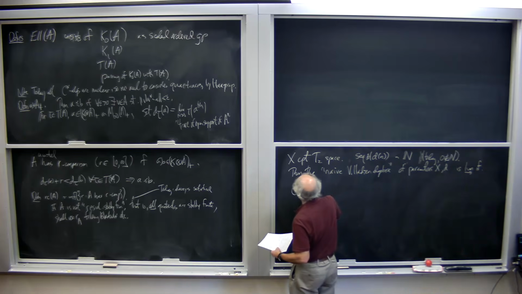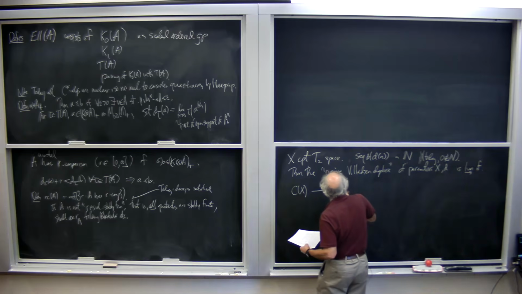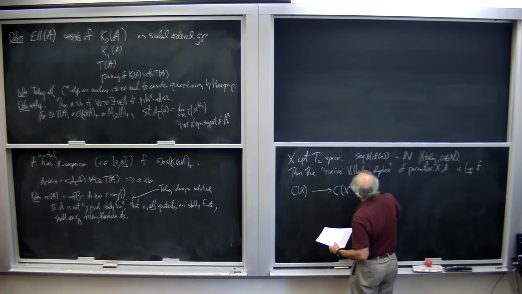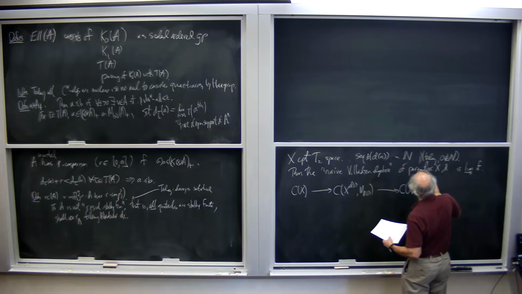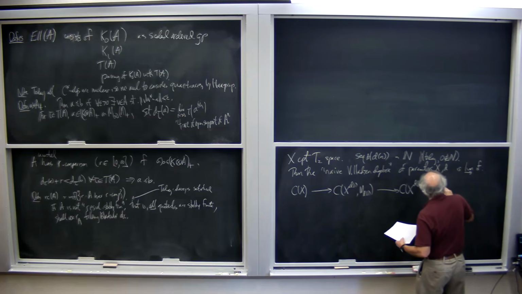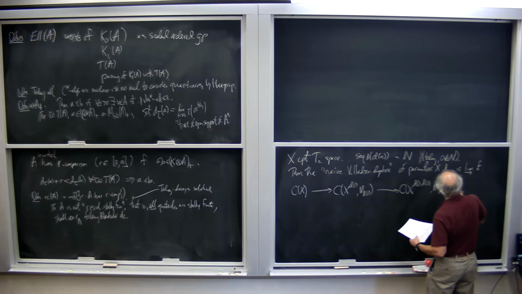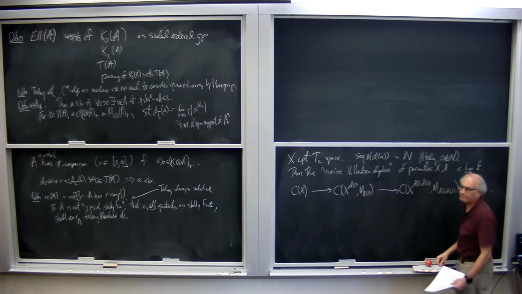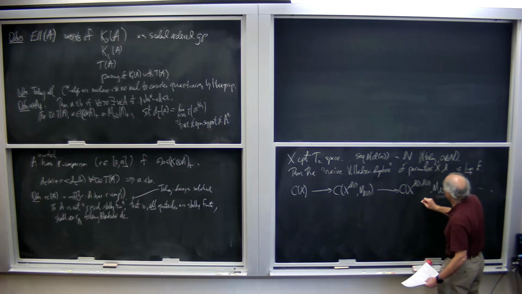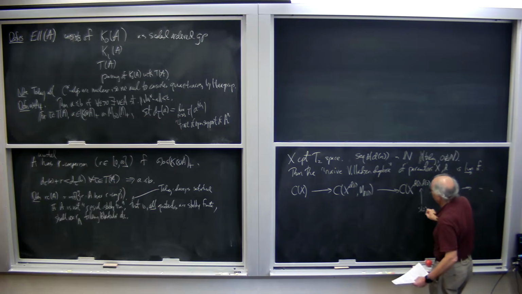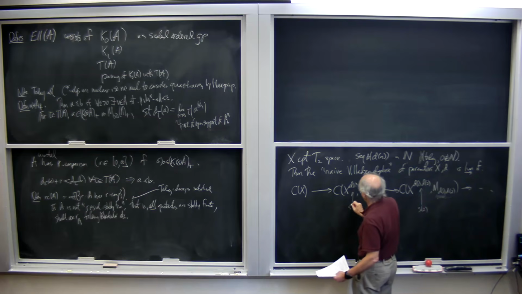I'll take C of X to C of X to the D of 1, M D of 1, to C of X to the D of 1, D of 2, M D of 1, D of 2, to etc. And let's abbreviate this thing here, let me specifically point to this one. This is going to be S of 2. This is going to be S of 1.